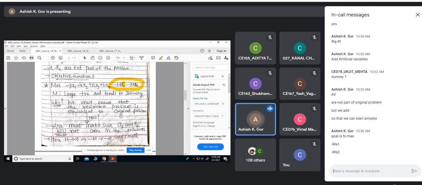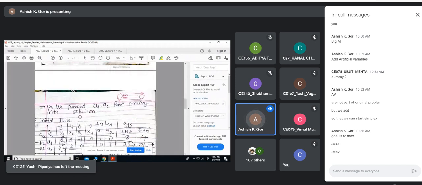Since A1, A2 are positive, if you try to increase their values, minus M A1 minus M A2 will start decreasing. And we don't want that because our goal is to maximize this thing.